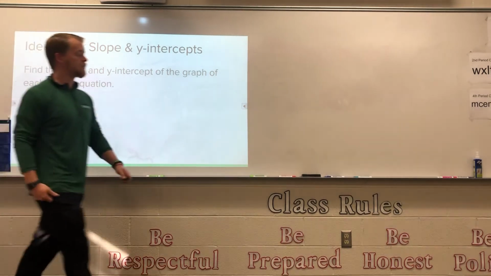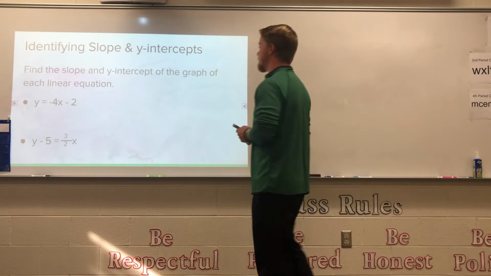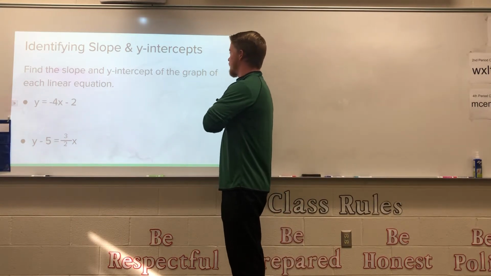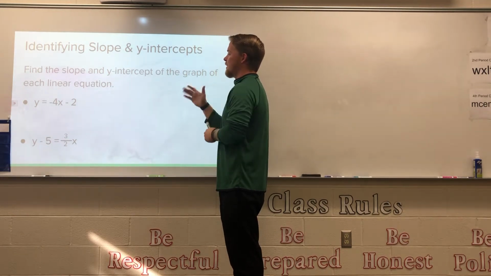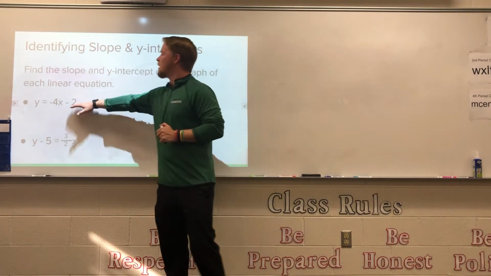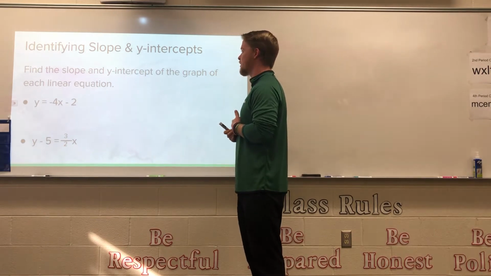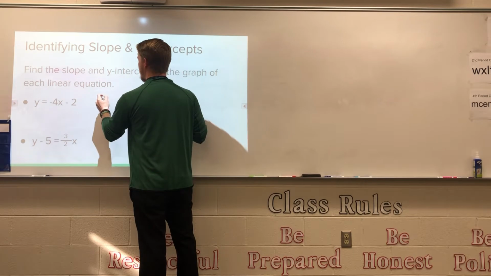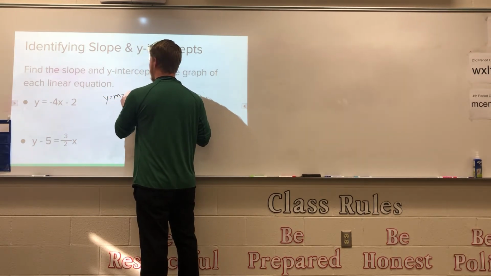First, we want to make sure we can identify or pick out our slope and y-intercept. It says find the slope and y-intercept of the graph of the linear equation. They give us this equation right here, and they want us to pick out what the slope is and what the y-intercept is. Again, the form you're looking at is y equals mx plus b.